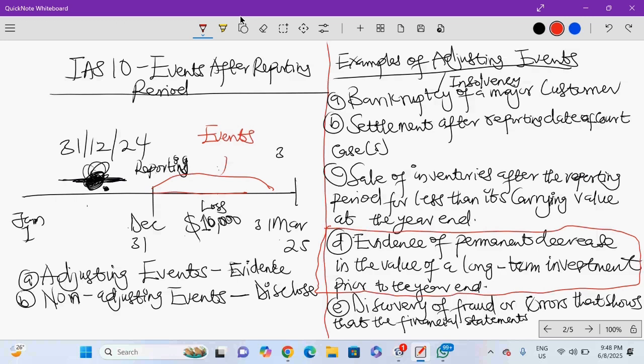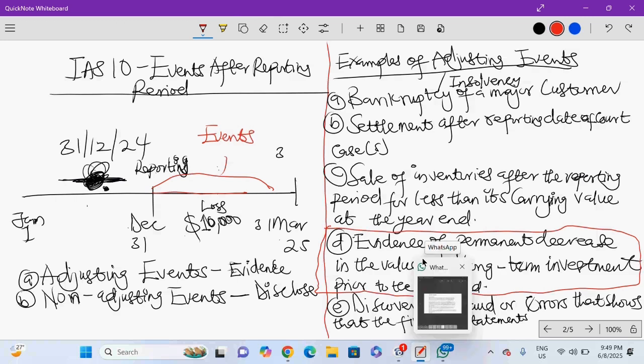Would we adjust for depreciation? What do you think? If there's a permanent increase in the value of a long-term investment, what do we do about that? In the question, it is about shares and not about physical assets.